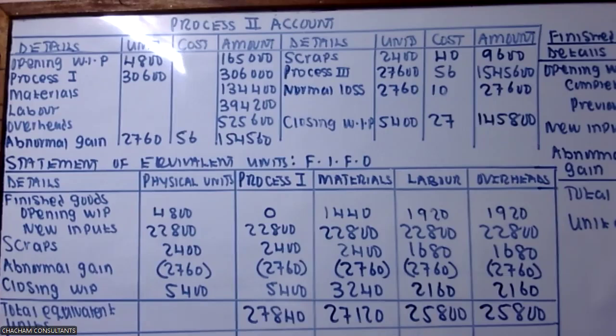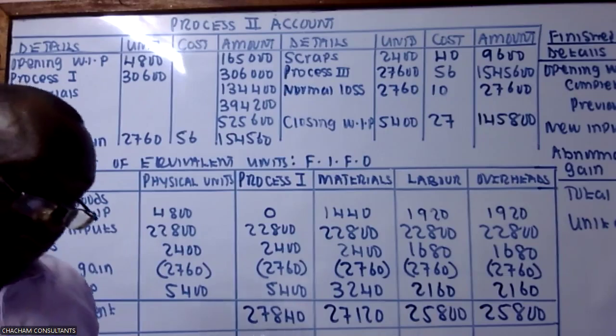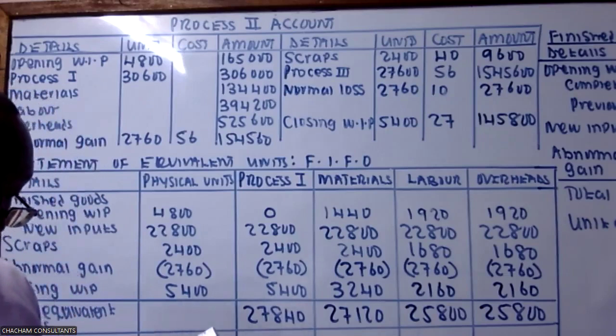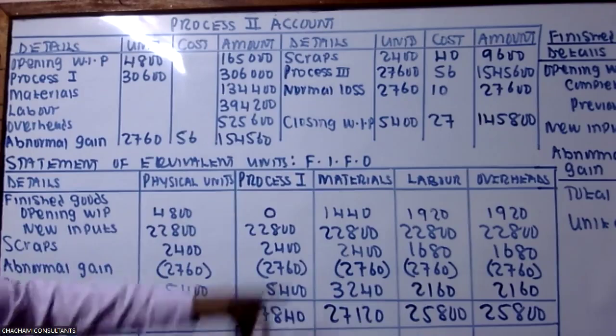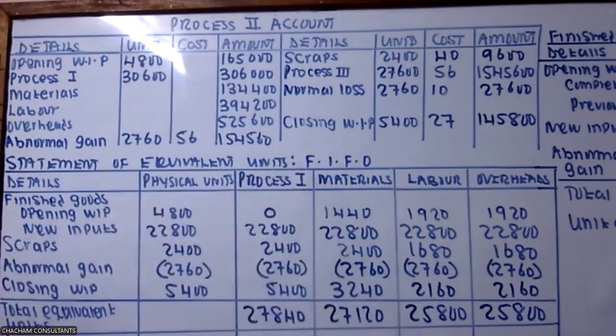If you attempt that, when we meet next, you remind me we do May 2019, question 4B. It is just like this, but it uses another method called weighted average. So you attempt the one I have given you.